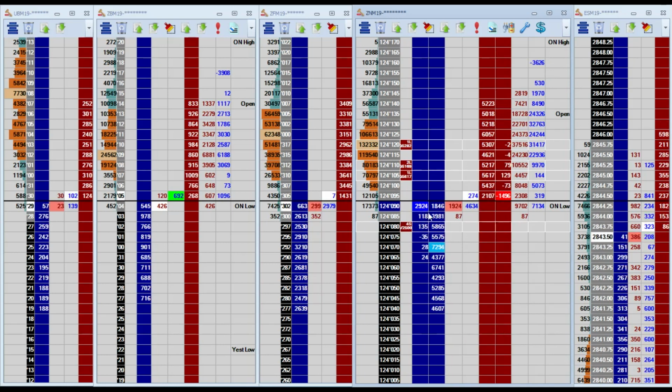Just moving my targets up a little bit just because I feel like price action volatility's picked up a little bit. So I could see this pushing up a little bit higher. We're going to pay attention to what happens to these offers over here as we get up.